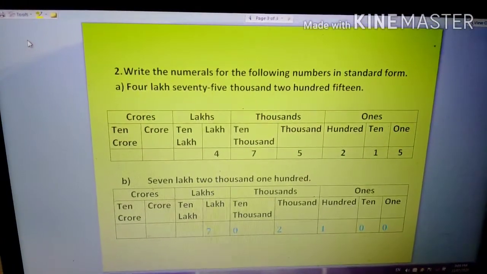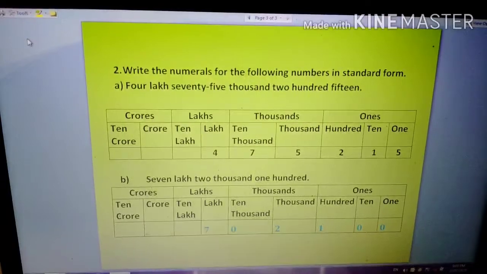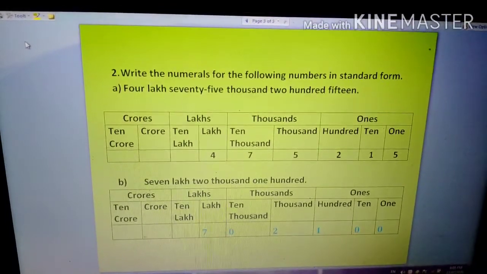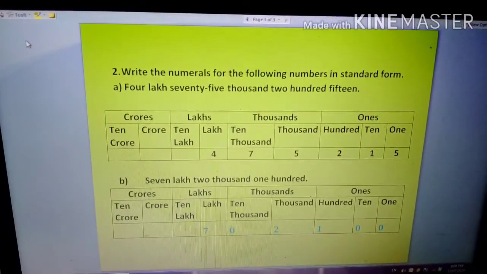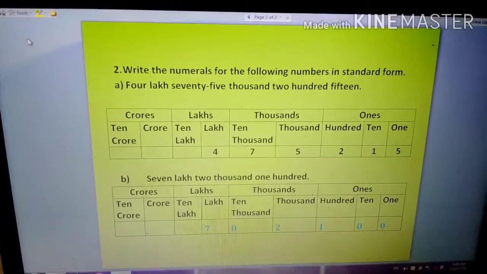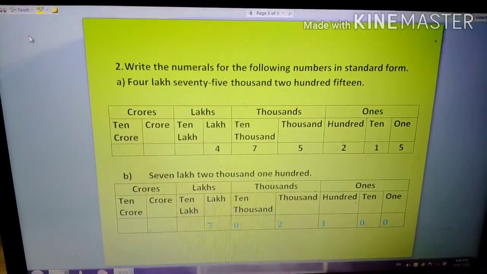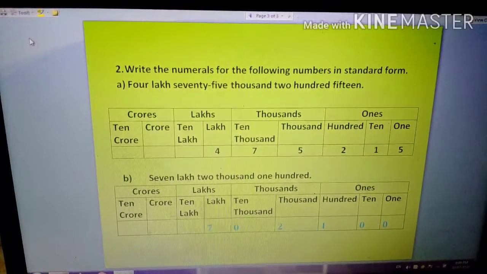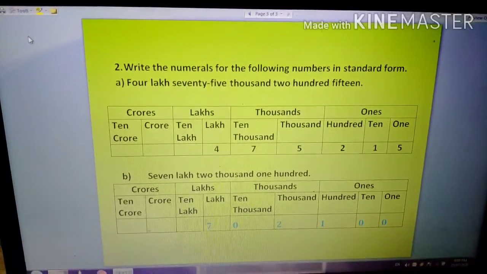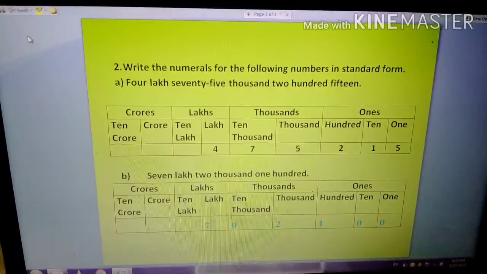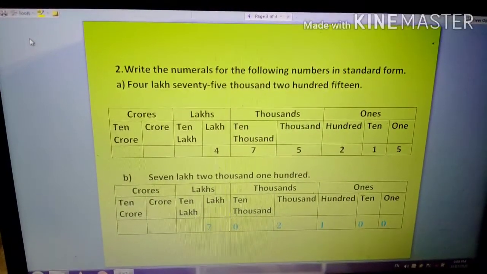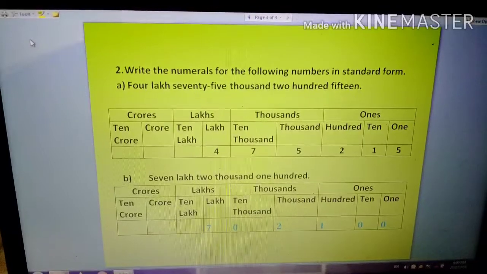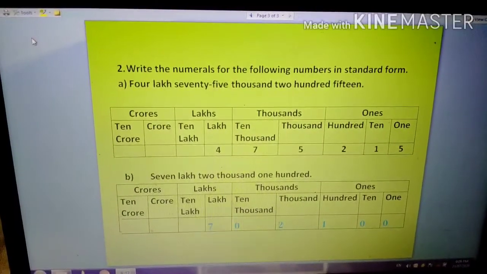To write in standard form, we make a place value chart. Here we draw a place value chart. For writing standard form, we write the given numbers in periods. Now, 4,75,215.